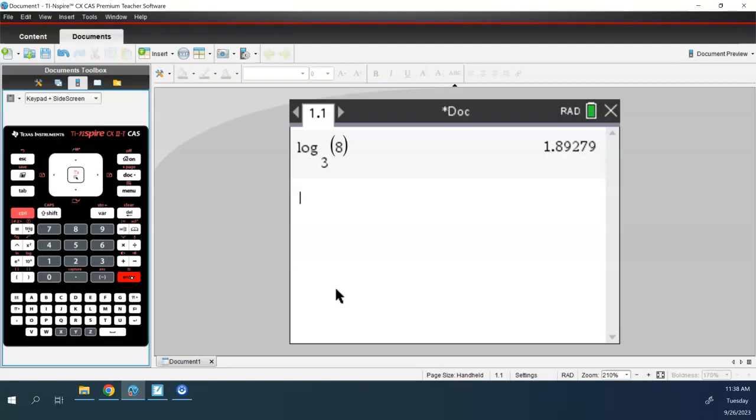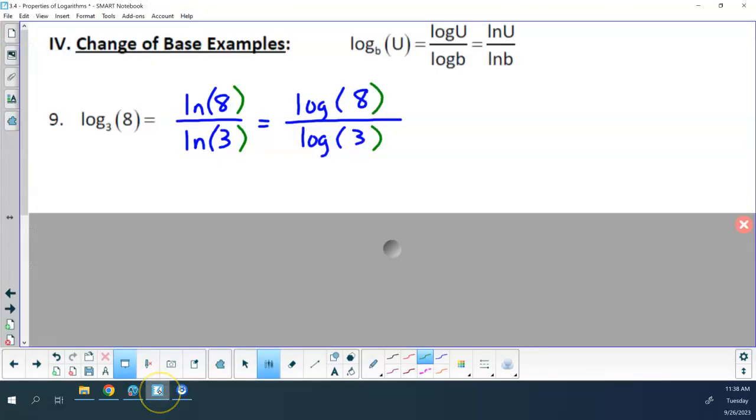When we approximate logs, we approximate to 3 decimal places. So I would call this 1.893. With me? Love it.